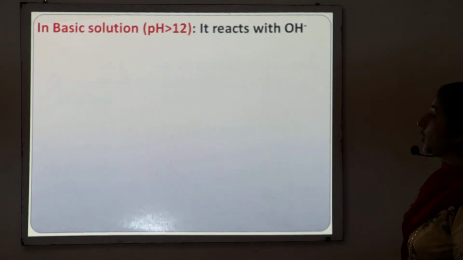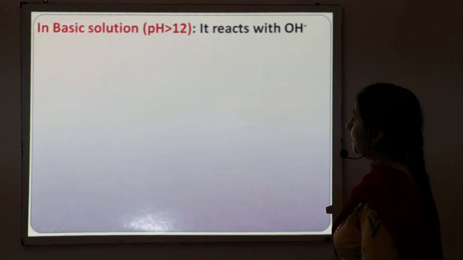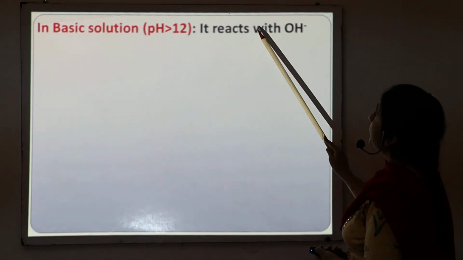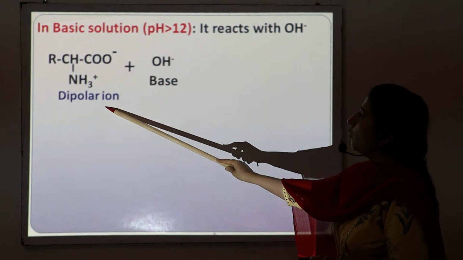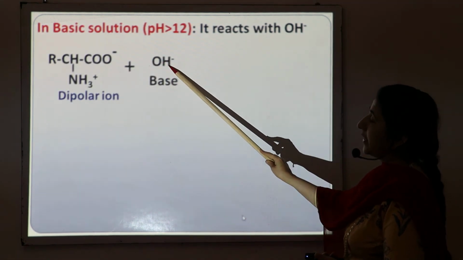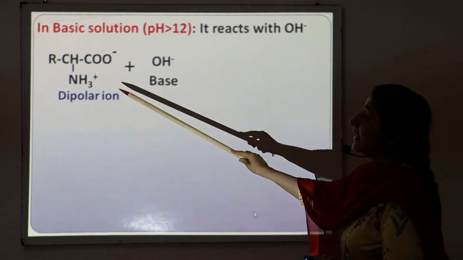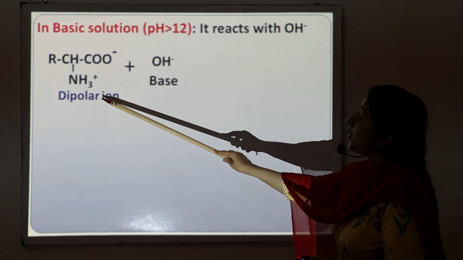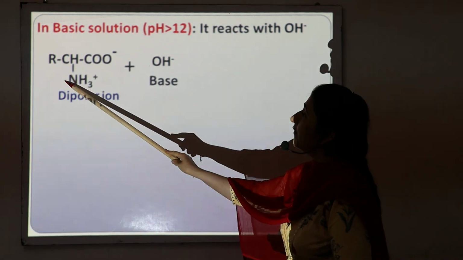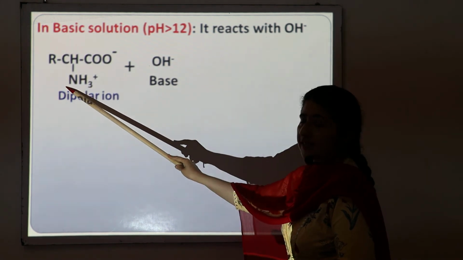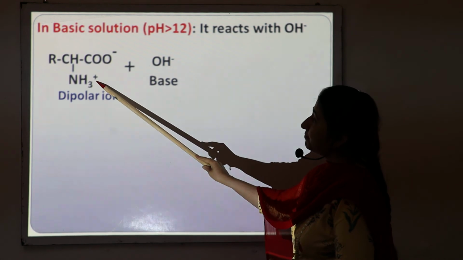Next, when it is dissolved in a basic solution whose pH value is greater than 12, it reacts with OH negative. So we have a dipolar ion reacting with the base OH negative. When it reacts with the base, it acts as an acid. The acidic nature of the dipolar ion is due to the presence of NH3 positive, because it has a tendency to donate the H positive.